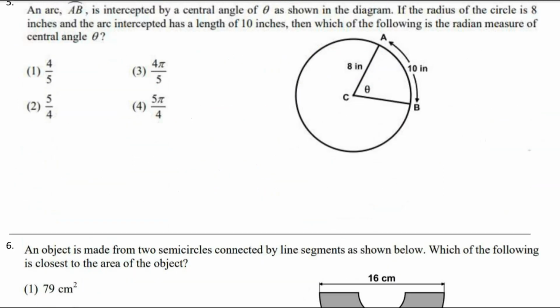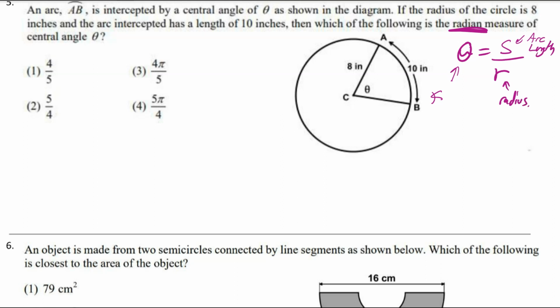Number 5. An arc AB is intercepted by a central angle of theta as shown in the diagram below. If the radius is 8 and the arc that's intercepted has a length of 10 inches, which of the following is the radian measure? Well, if they're telling me to use radians, I want to think about the central angle in radians equals the arc length divided by the radius.